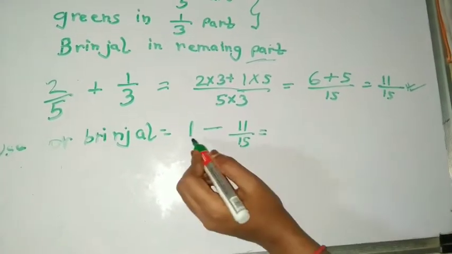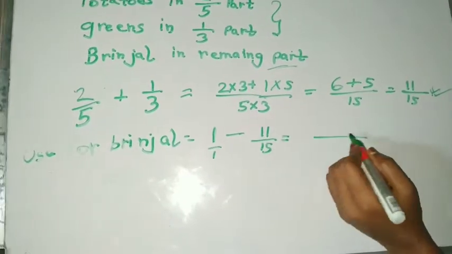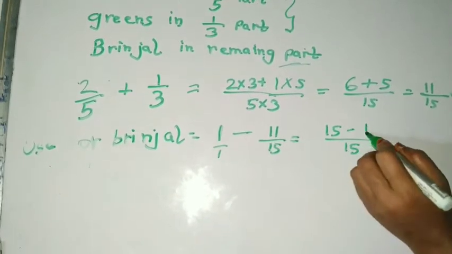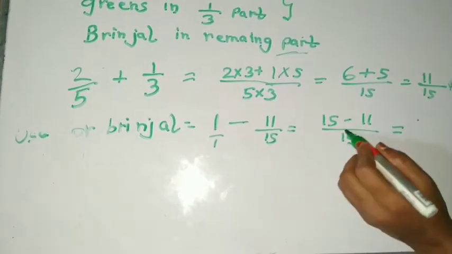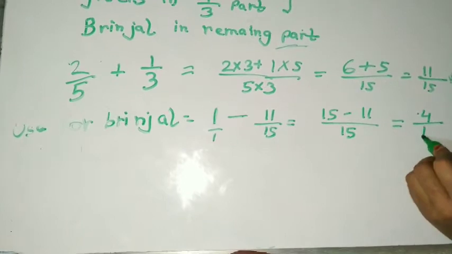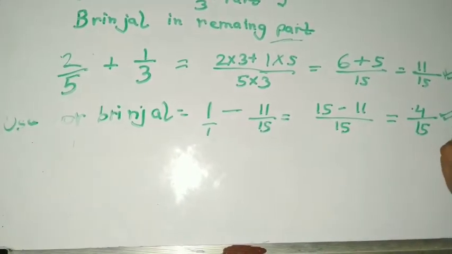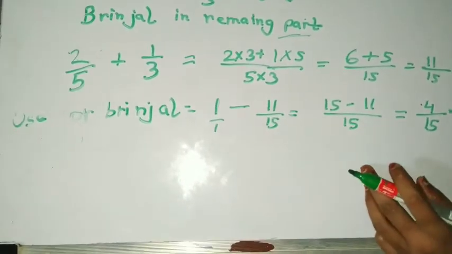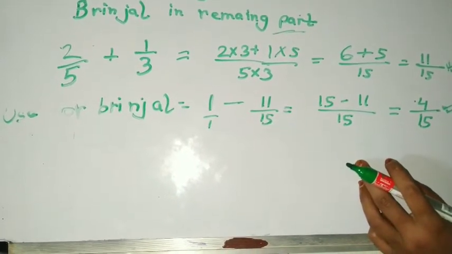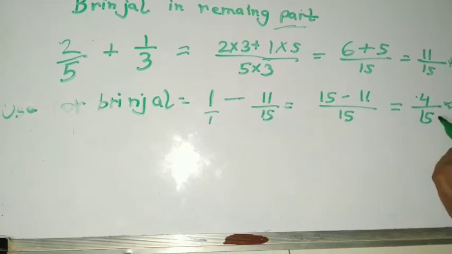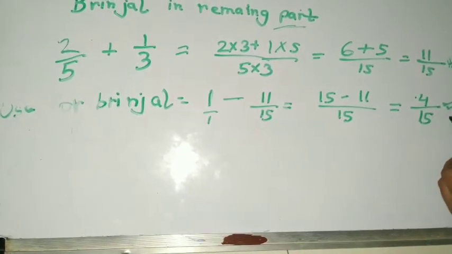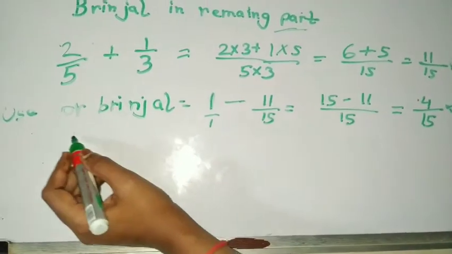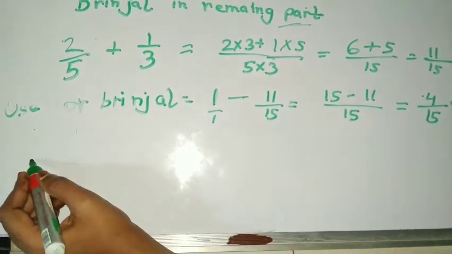You can see 1 means downside nothing, so for 15 you take the LCM. 15 minus 11 is equal to 4 by 15 part used for brinjal. I think you understand. Now, on how much of her plot did she plant brinjal? She used 4 by 15 part for brinjal. This is the answer.